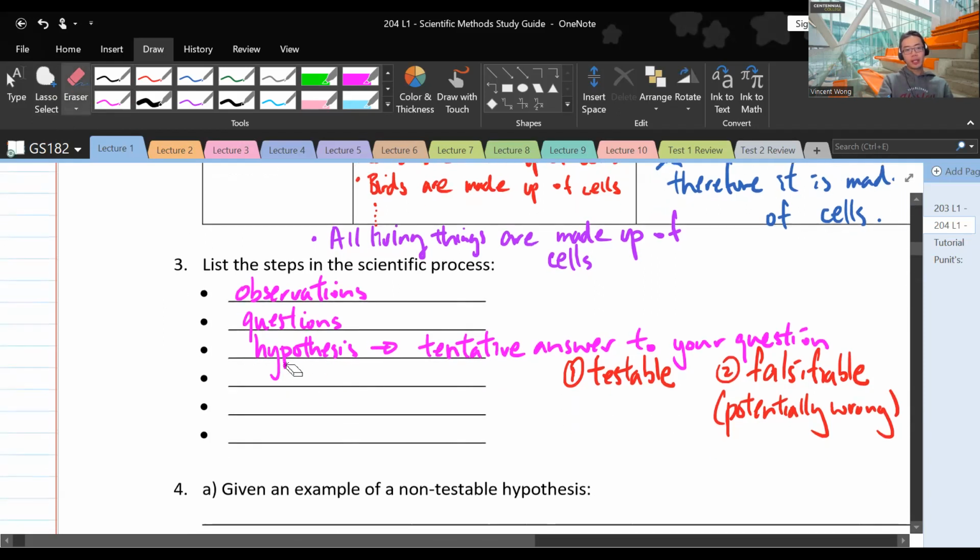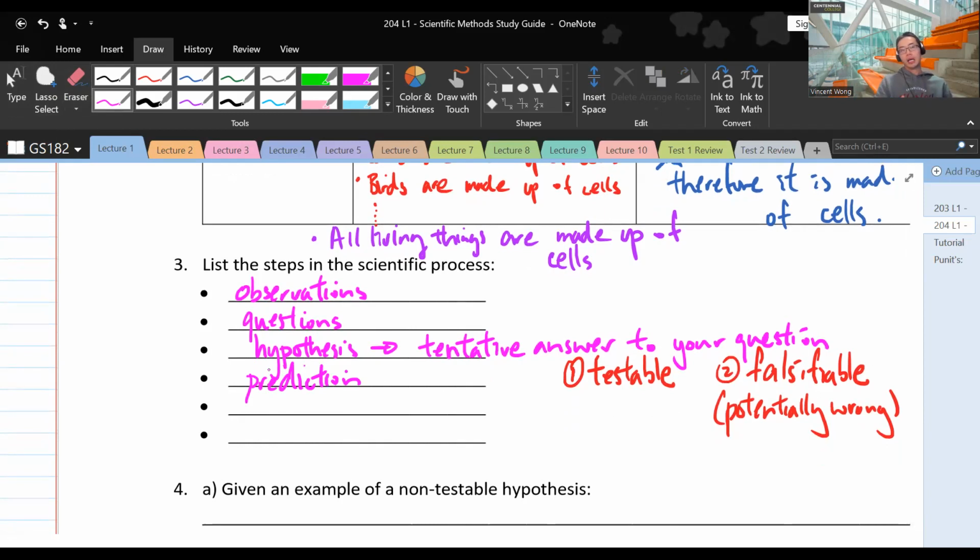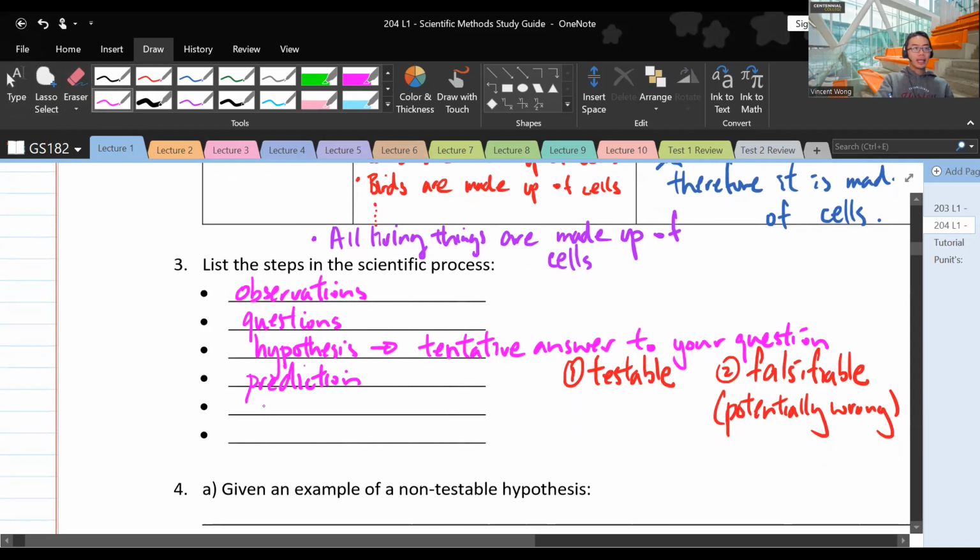So the hypothesis answers the question, and you want to make a prediction. Like, if my hypothesis is correct, then I should expect this to happen. If I'm wrong, then this might happen. The next one is the experiment.